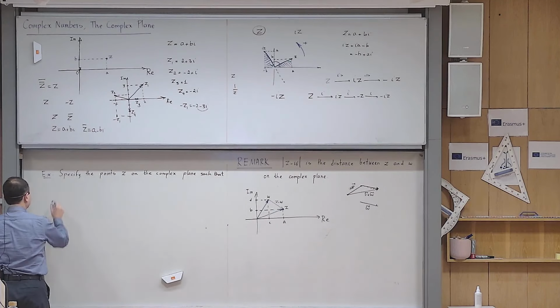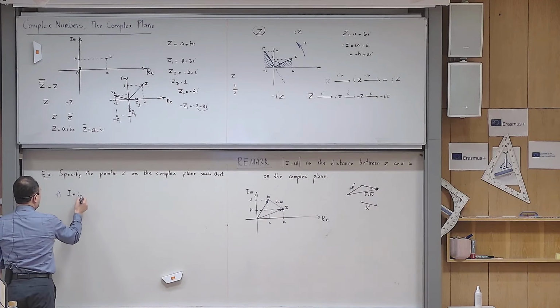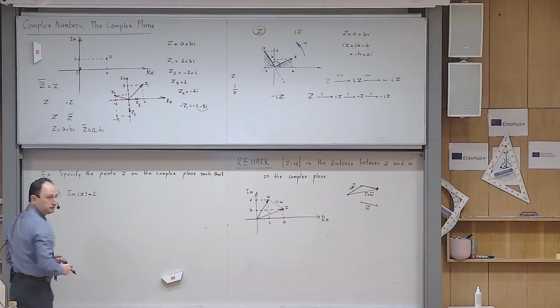So number one, they say, for example, imaginary of z is equal to 1.